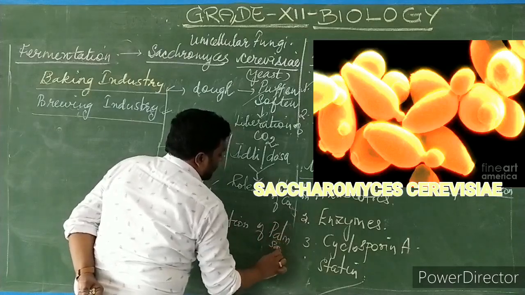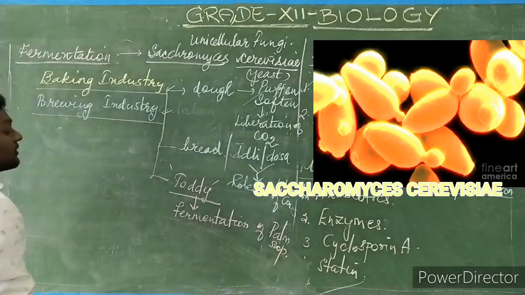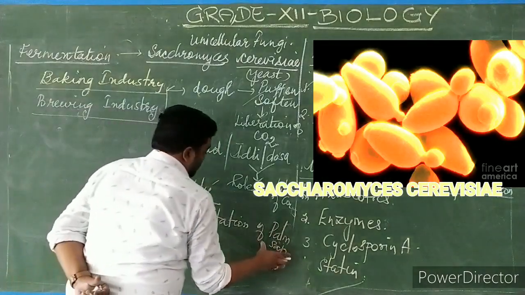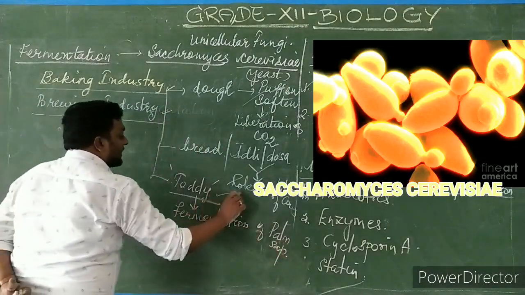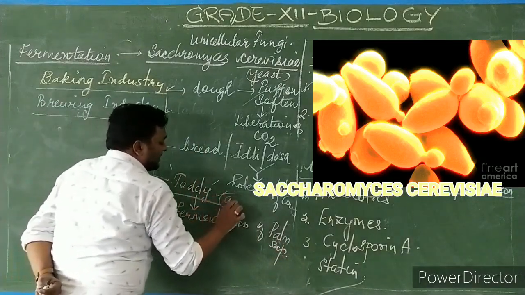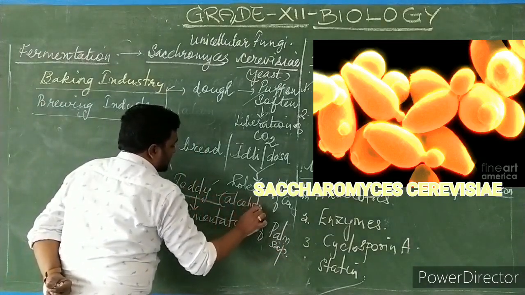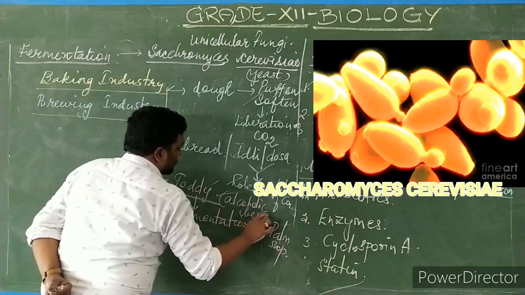You know the palm tree; the exudate sap, when fermented, gives us toddy. It is nothing but an alcoholic beverage.